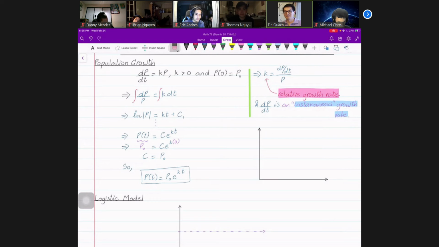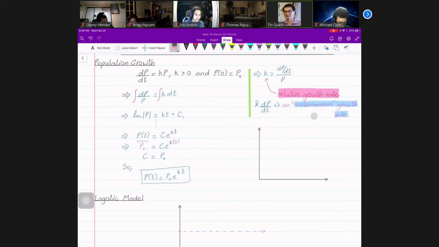The instantaneous growth rate tells you how fast the population is growing at a particular time. It could be growing so fast, like say 100 people in the year 2000, for example.